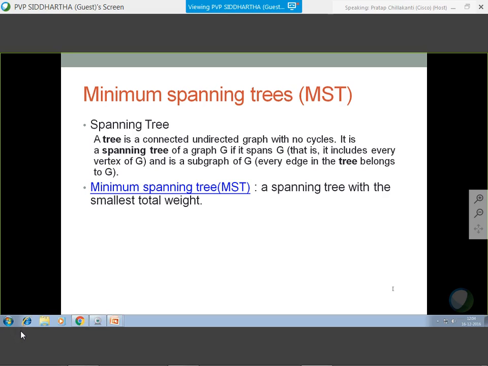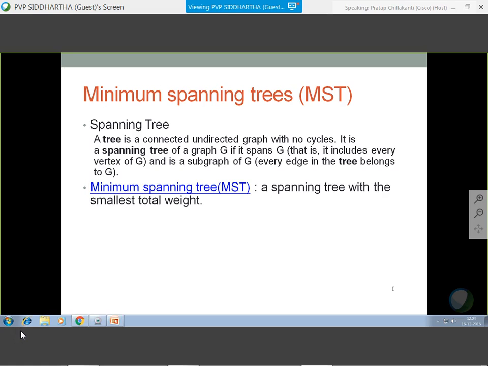So when you are given a graph, most computer science problems are graph oriented. These algorithms require a tree. So how do you come up with a spanning tree? A spanning tree is a subgraph of the graph, with the condition that every edge in the tree belongs to the graph. However, it will not have a cycle because it's a tree.